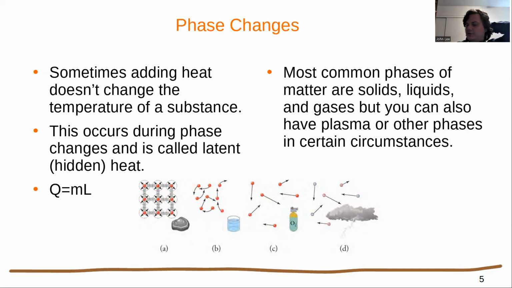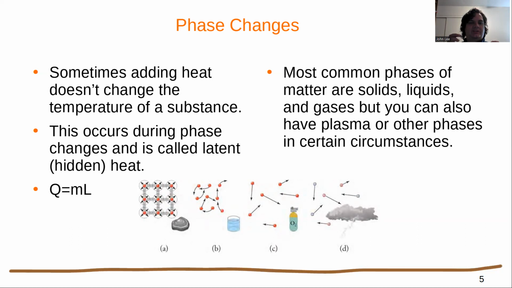The crystal structure is just how the molecules in a solid are arranged, and they cannot move with regards to that structure. So they're stuck in that structure. And then the second phase of matter is liquid, where the molecules are allowed to move a little more, but they can't change their volume.